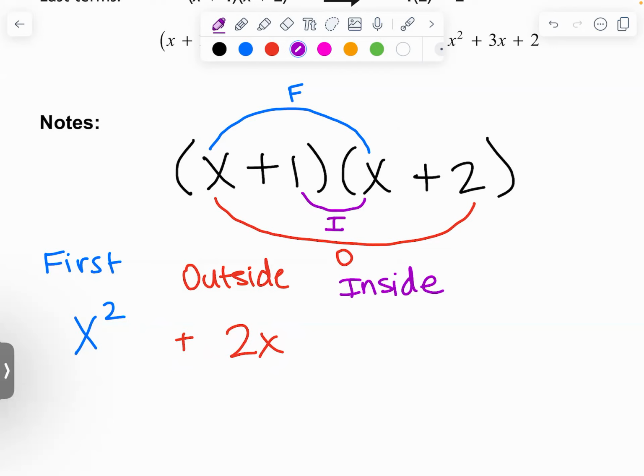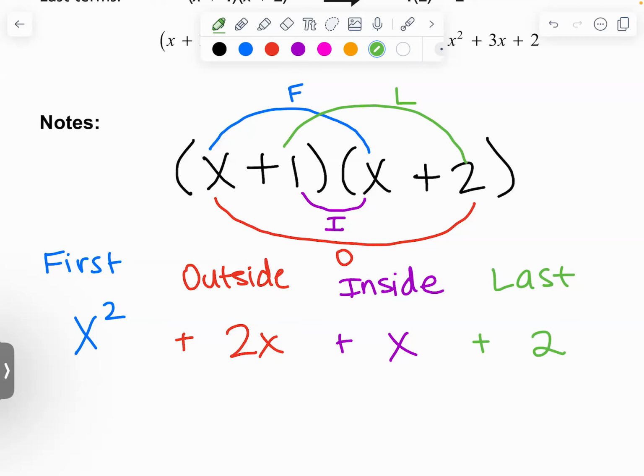So that means our 2 terms that are inside our sandwich. 1 times x. 1x. Then we have our last product. So the 2 terms that are last, 1 times 2 is what? 2. Oh, we're struggling hard today.